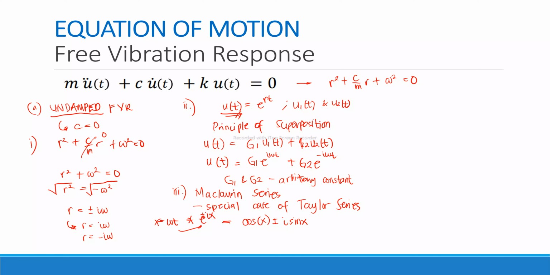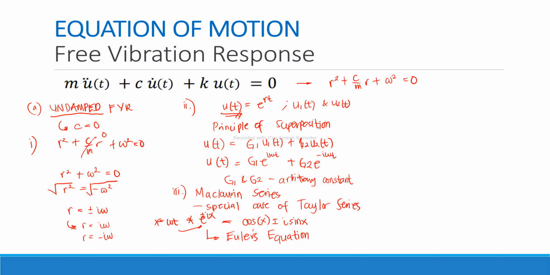So we used the Maclaurin series for this one, e to the ix. Actually, this is also called Euler's equation, which is used in complex analysis.